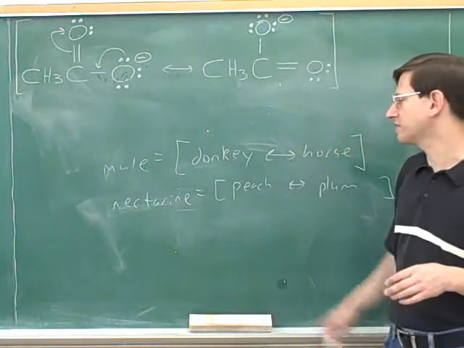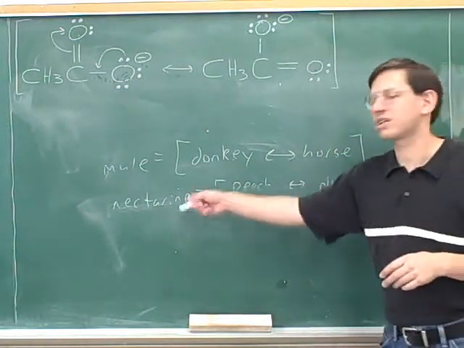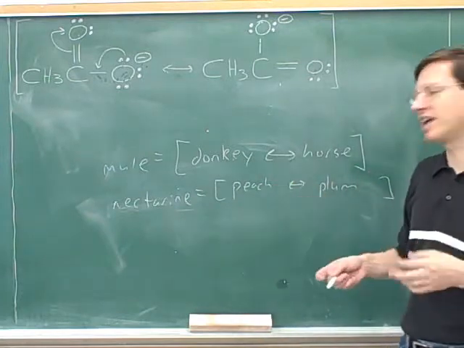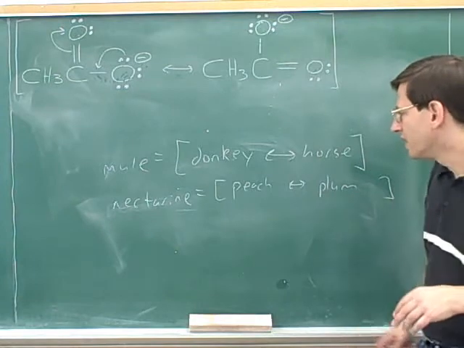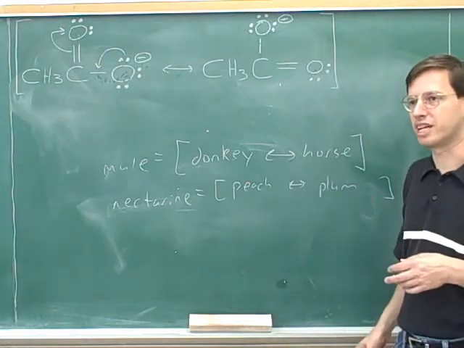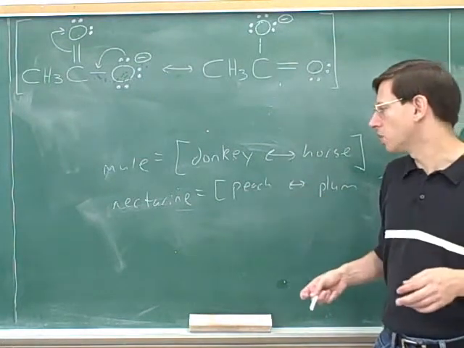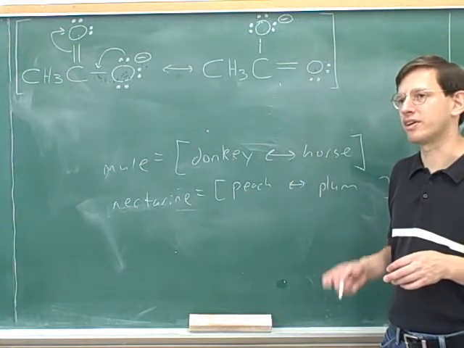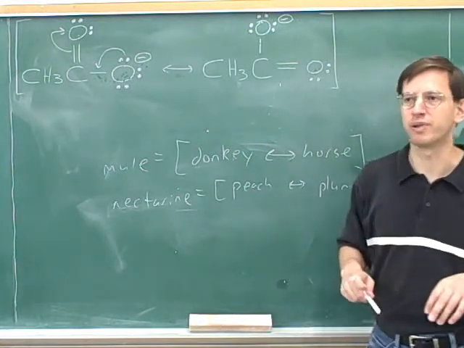Well, you might say that a nectarine is a resonance structure of a peach and a plum, because the characteristics of a nectarine are in some way a kind of blend or average of the characteristics of a peach and a plum. For example, a nectarine is smooth like a plum, so it gets that characteristic of a plum. On the other hand, a nectarine kind of tastes like a peach. So the overall characteristics of a nectarine are a kind of blend or average of the characteristics of a peach and the characteristics of a plum.